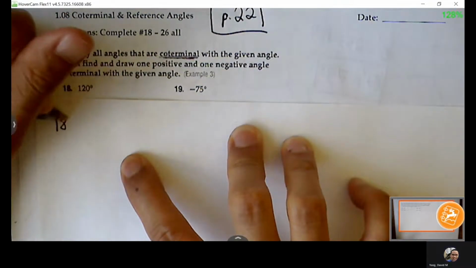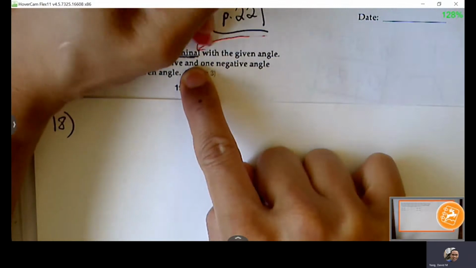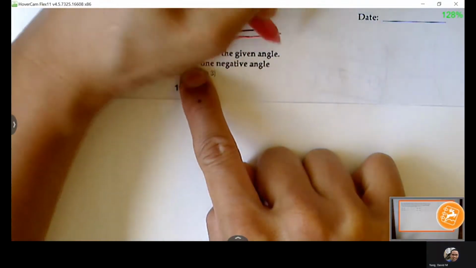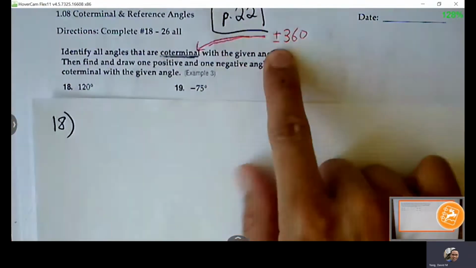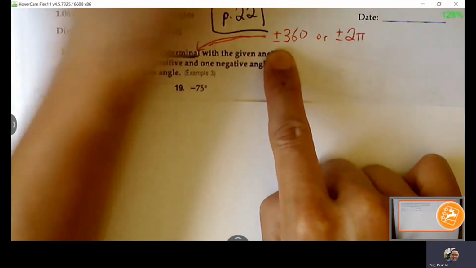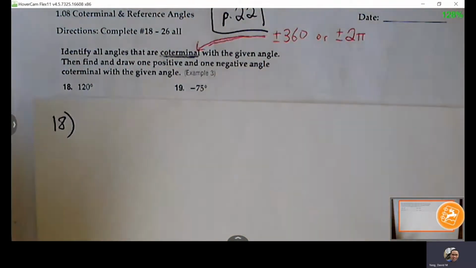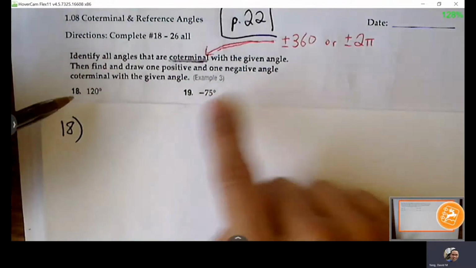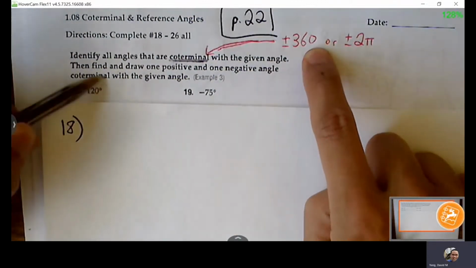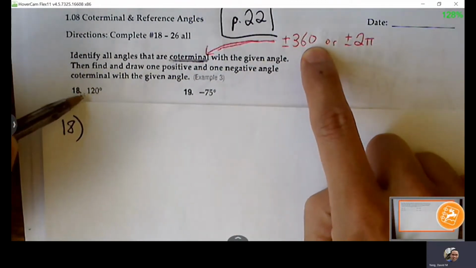So again, we can find coterminal angles by either adding or subtracting 360 or adding or subtracting 2 pi, depending on which unit we're in, either degrees or radians. Okay, so that's basically what we want to be able to represent in a more formal way.